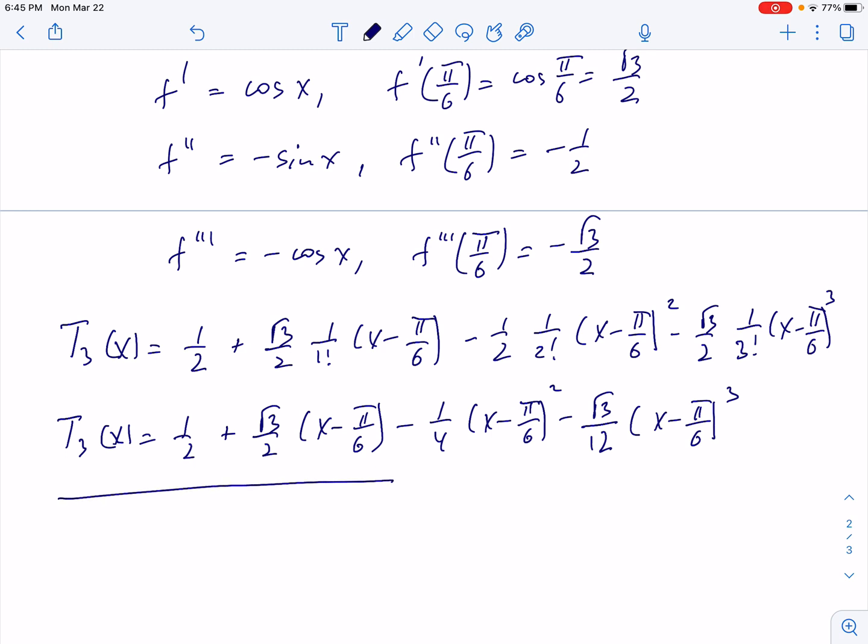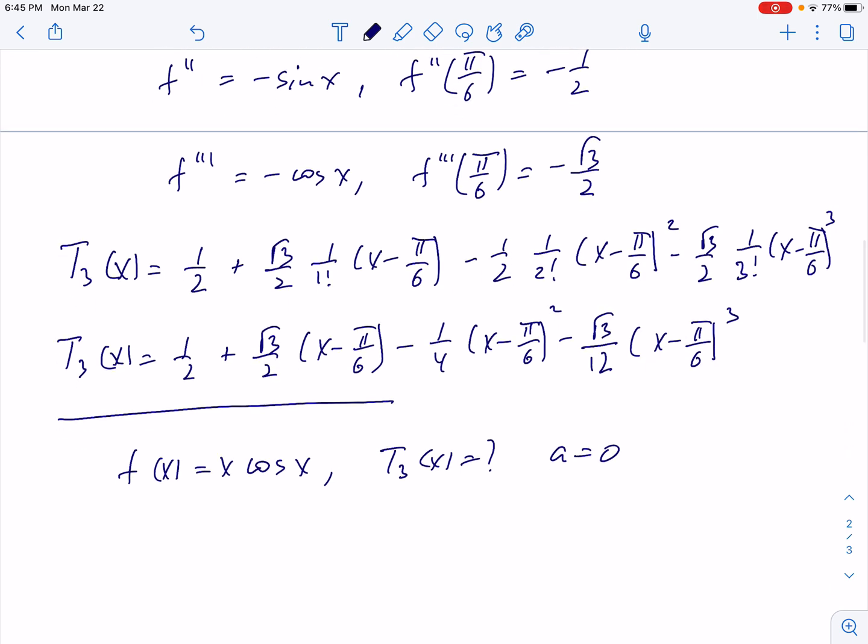Another example. Let's take the function f(x), which is x cosine x. And we want to find the third Taylor polynomial centered at 0.